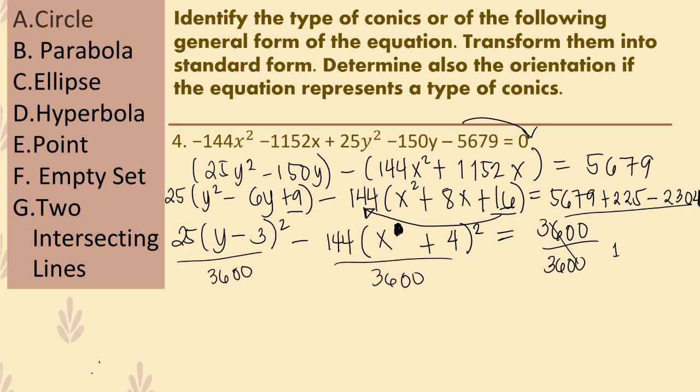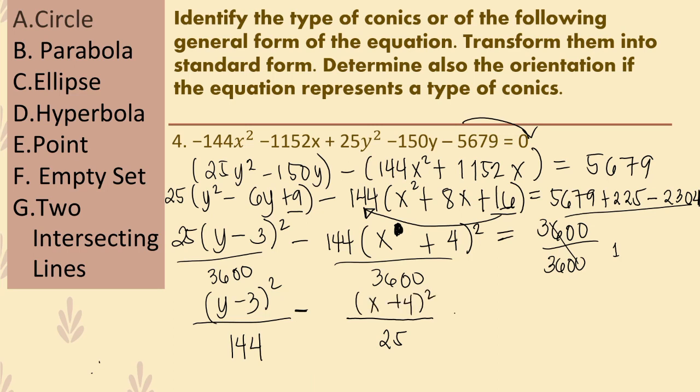So, 25 divided by 3,600 is 1 over 144. 144 divided by 3,600 is equal to 1 over 25. Then, copy lang natin yung x plus 4 squared is equal to 1. So, ito na yung ating standard form.